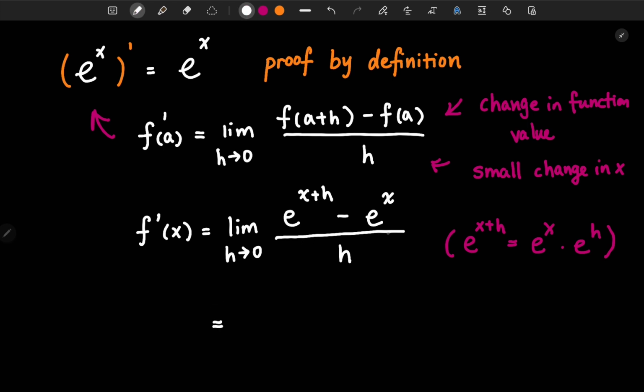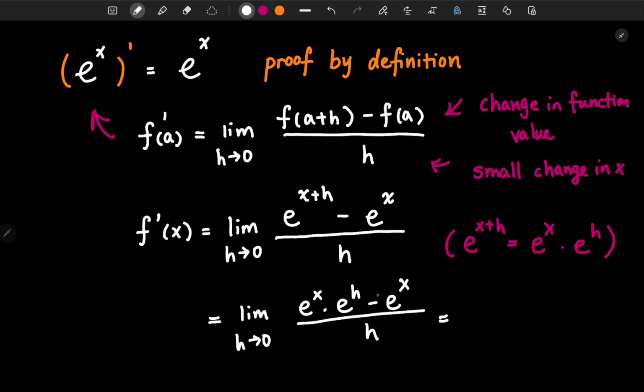Okay, now we can combine the terms. Then the next step, we take the limit as h goes to 0 of e to the x times e to the h minus e to the x over h.